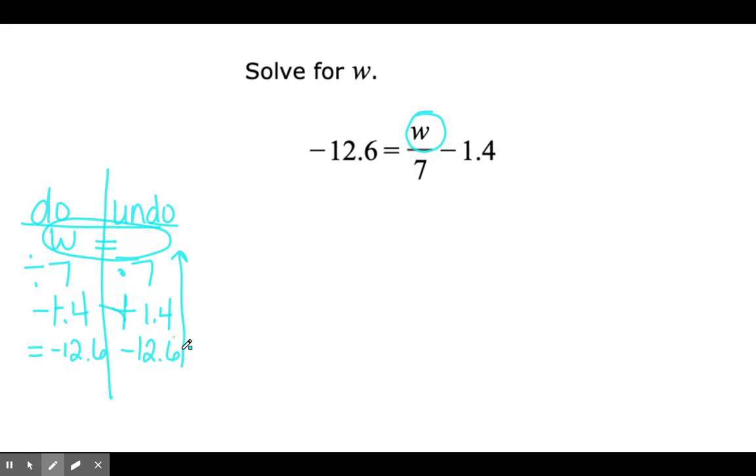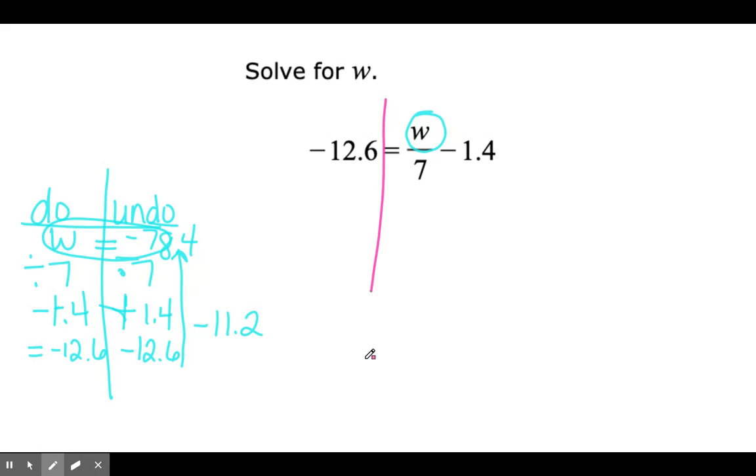So negative 12.6 plus 1.4 is negative 11.2, and then that times 7 equals negative 78.4.